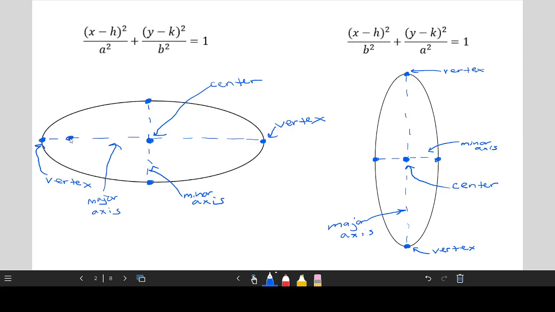So there's a focus here, for example, and another focus over here. Each focus is always on the major axis. So over here we're going to have a focus here and a focus here.